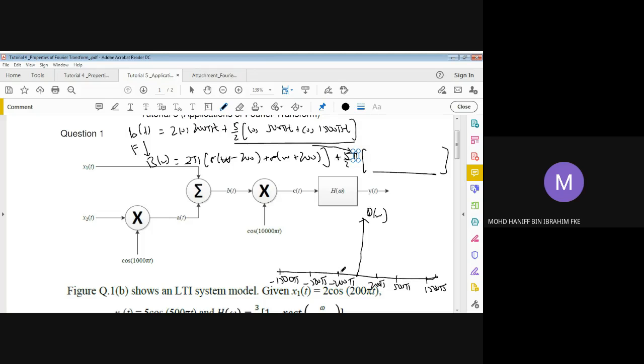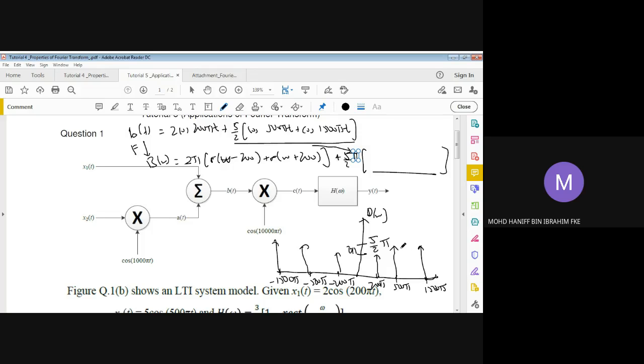Okay, so at 200 pi, the amplitude is 2 pi. Whereas for 500 pi and 1500 pi, the amplitude is same as what we have obtained before, which is equals to 5 over 2 pi. Okay, that should be the B omega, yeah? Hopefully it's clear on the B omega, the spectrum for the BT.